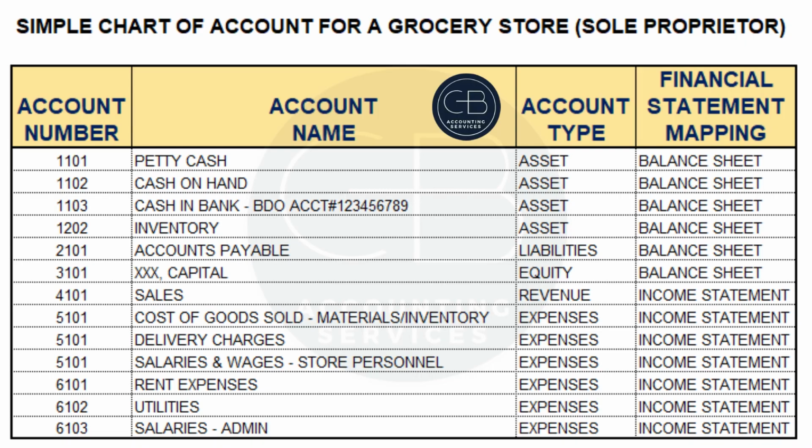Here's a simple chart of account for a grocery store setup under sole proprietor. You will notice the elements of chart of account such as account number, account name, and account type na pinag-usapan natin sa previous slide. We have added financial statement mapping for financial reporting purposes. Under account number, you will notice account numbers starting with 1 are all assets under account type.